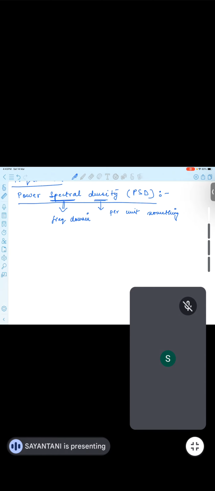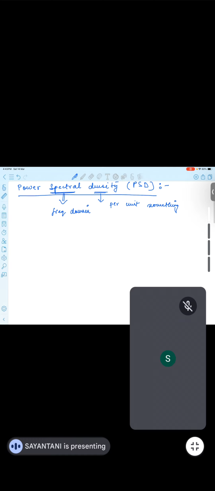So spectral means frequency domain. And power, you can understand the power of the signal. So that means power spectral density actually refers to power per unit frequency. That is what it tries to capture from the time domain based EEG signals.